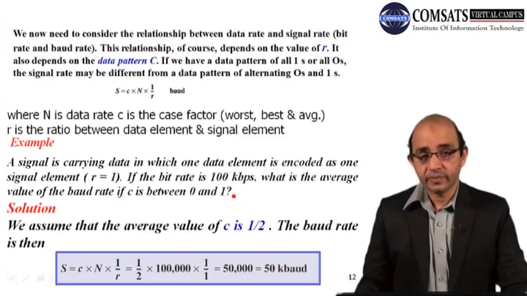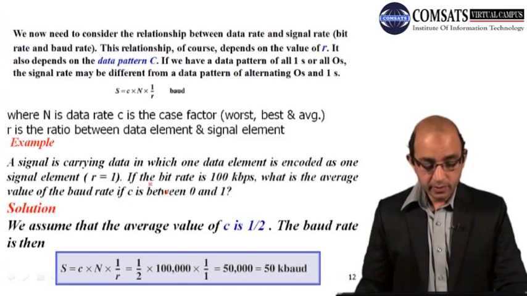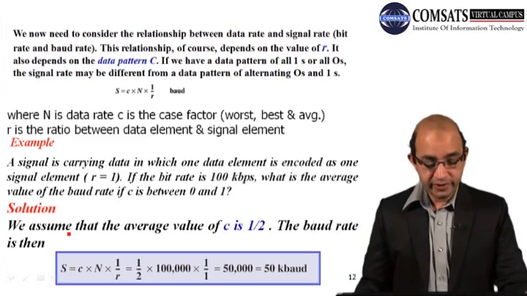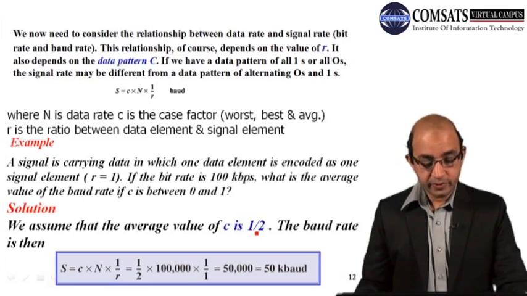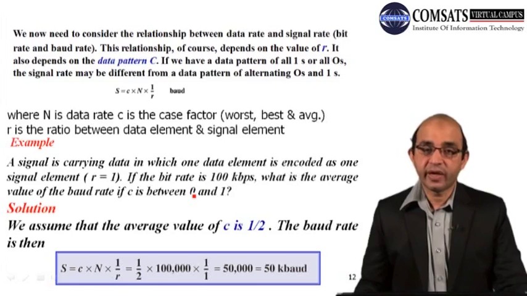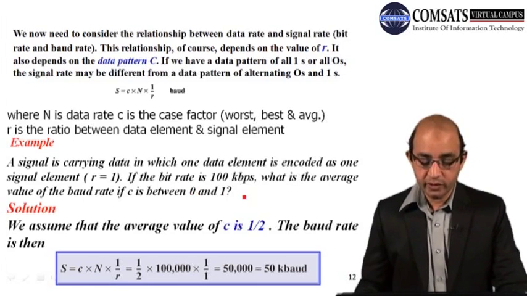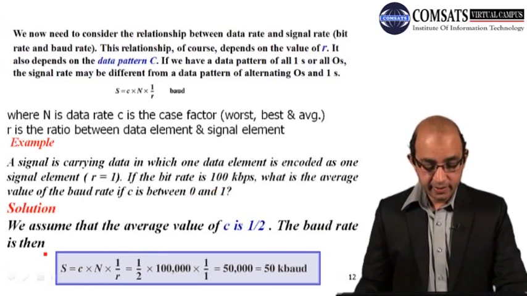This is the problem we have to address. Here we have to assume that the average value of C is 1 by 2. Because it's between 0 and 1, if I take the average, 0 plus 1 over the two elements, so 1 by 2.